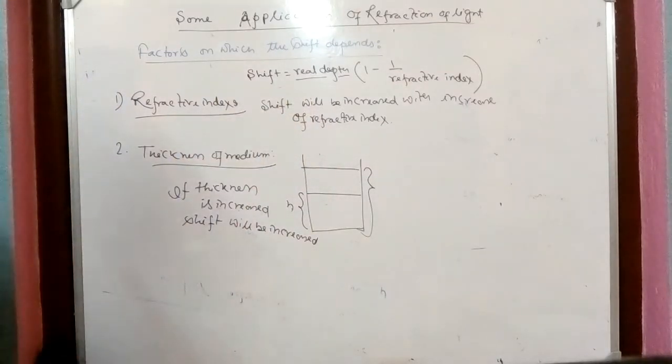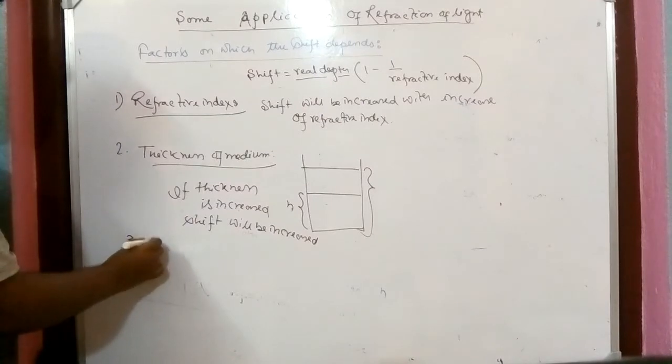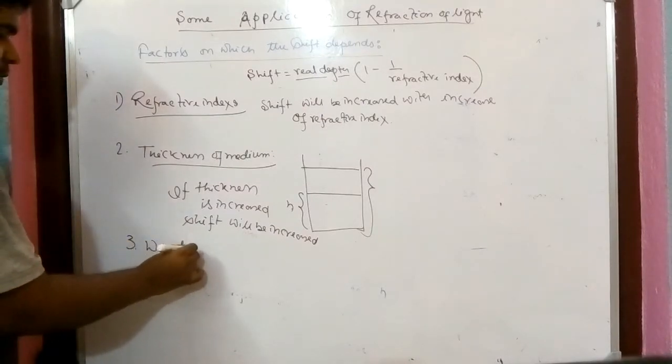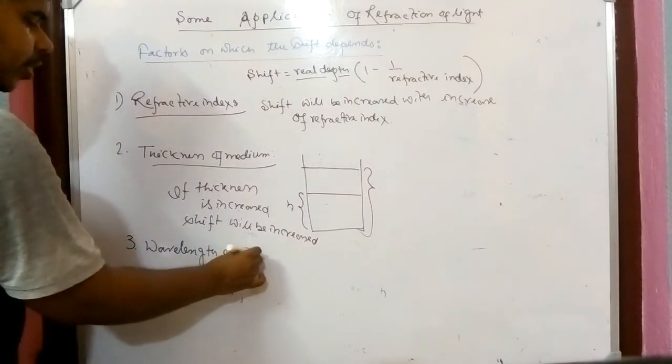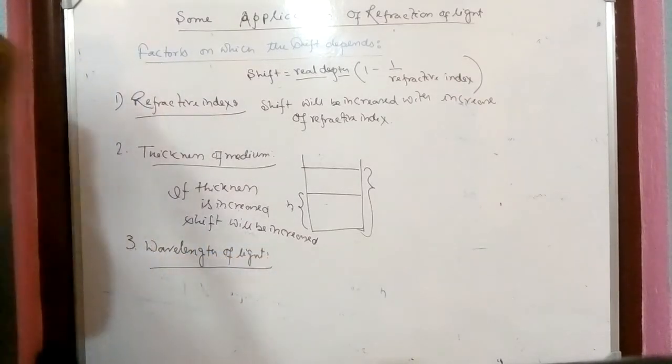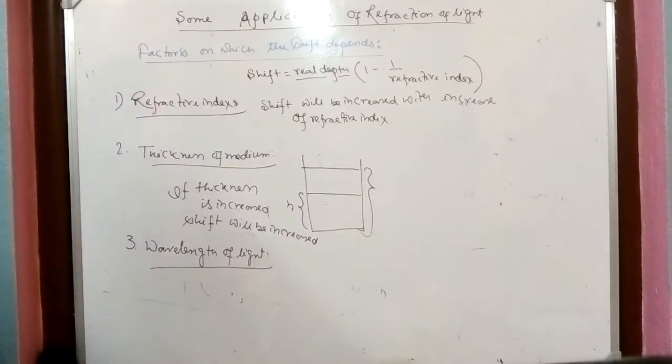Okay, last one, wavelength of light. So in a medium, the light will be of different colors. Different colors have different wavelengths.